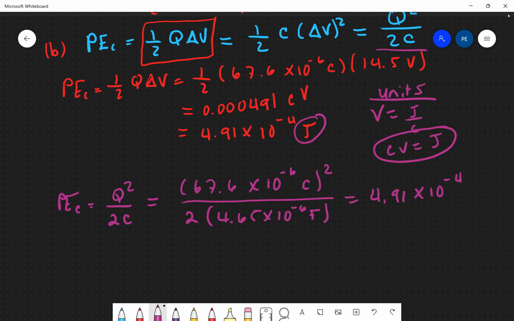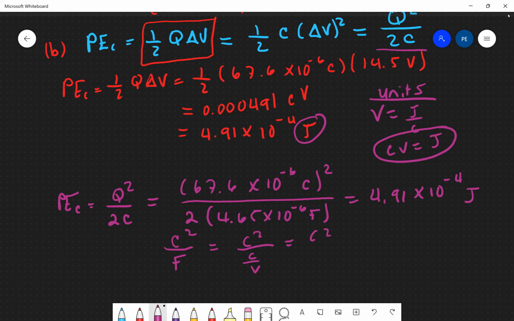And in this case, we have joules again, because we have coulombs squared over farads. That gives us coulomb squared divided by a coulomb per volt.